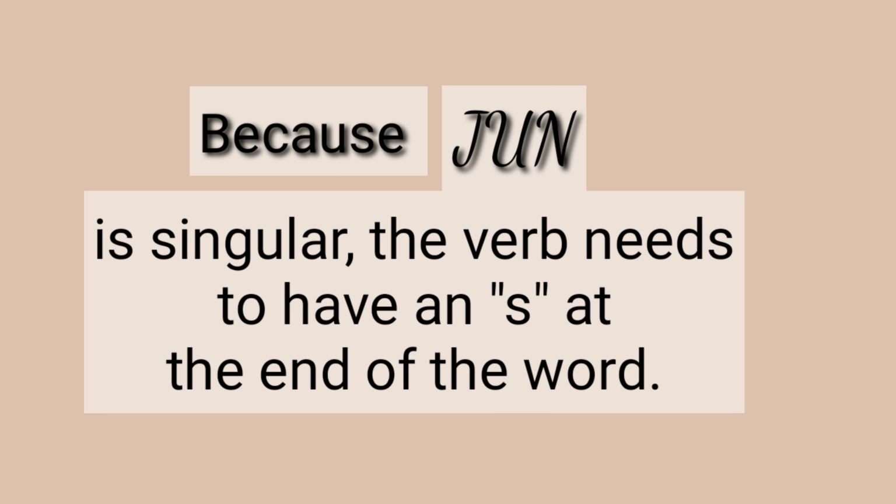What is the subject in this sentence? June loves to ride motorcycles. It is, of course, June. Because June is singular, the verb needs to have an S at the end of the word.